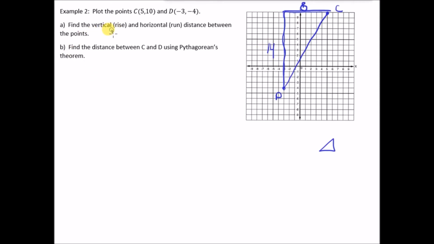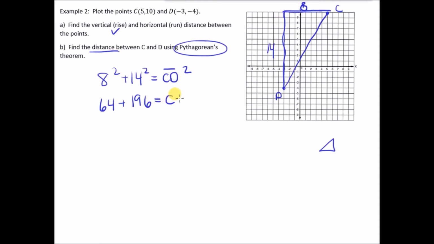Again, let's find the distance using Pythagorean's theorem. So let's do 8 squared plus 14 squared. This time we're going to equal the length of CD squared. So 8 squared is 64, 14 squared is 196, and that's going to equal the length of CD squared.